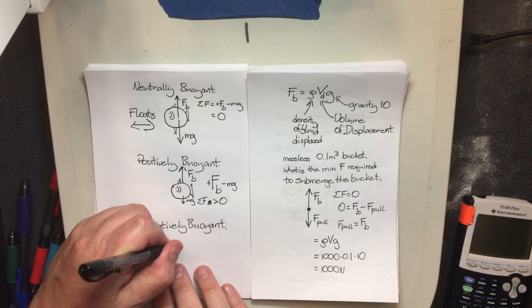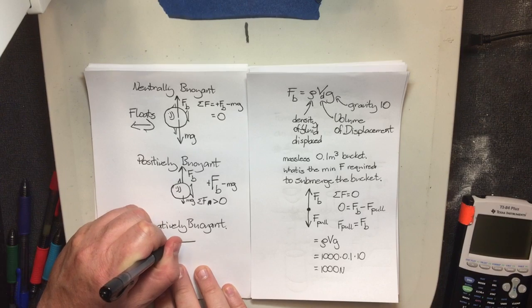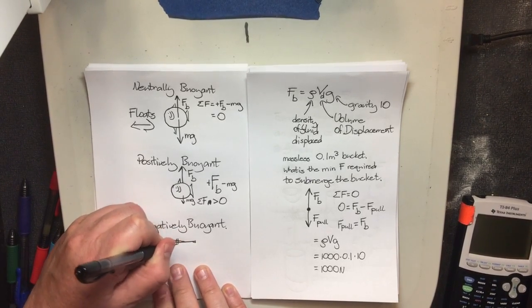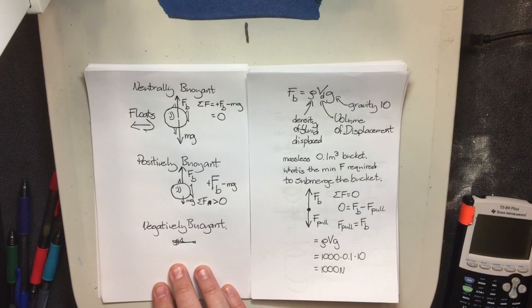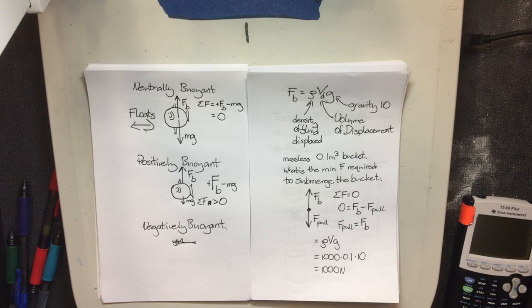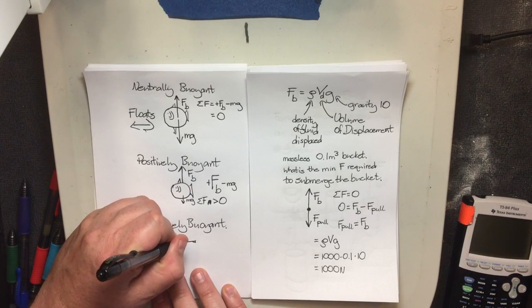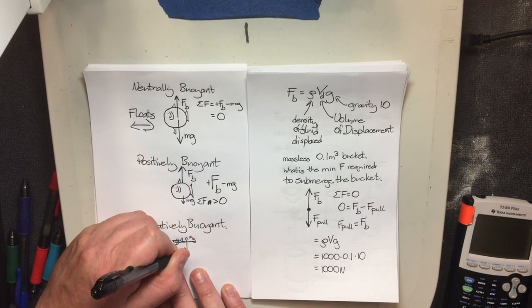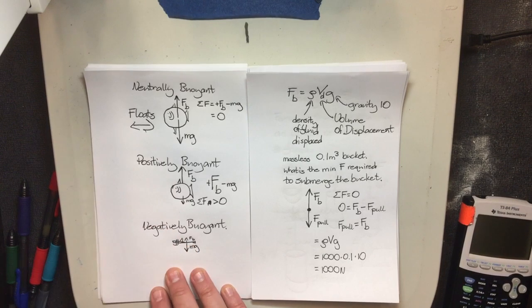So now we've got this flat fish at the top. What has happened is it's decreased its volume, but the mass of the fish doesn't change.